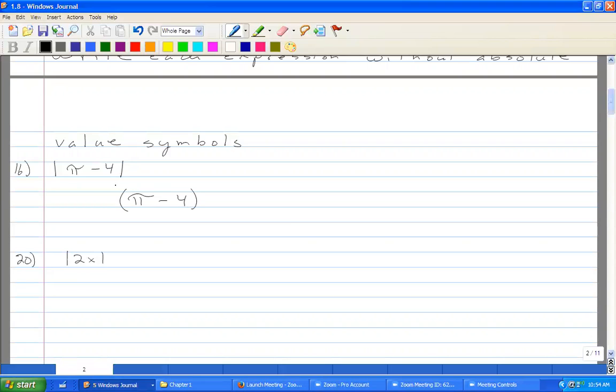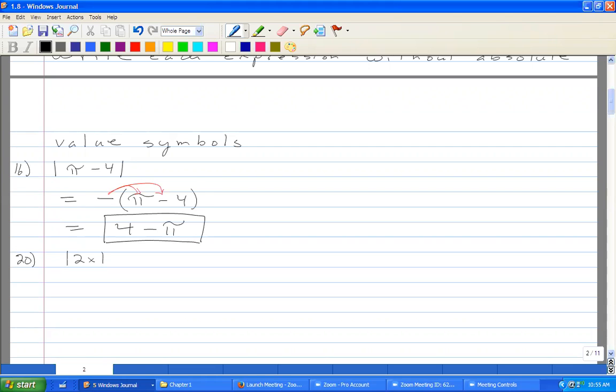If you have an absolute value of a negative number, you have to change its sign. So let's multiply the negative inside the parentheses. I get minus a negative 4 is a positive 4, so it is 4 minus pi.